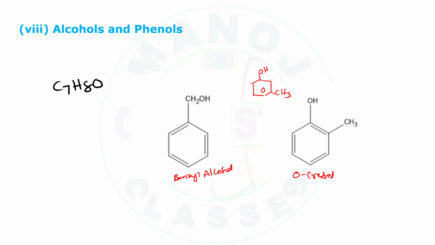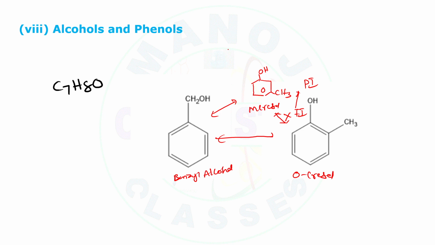Whereas if you write the CH3 like this, this one is metacresol. These two are functional isomers. But these two are not functional isomers, these two are positional isomers, because there is no change in the functional group. Here it is an alcohol, and this one is a phenol.